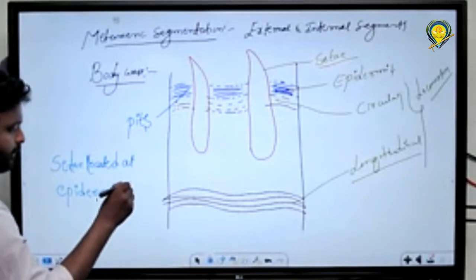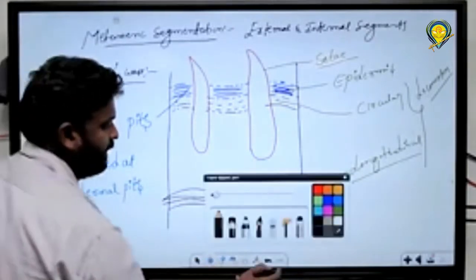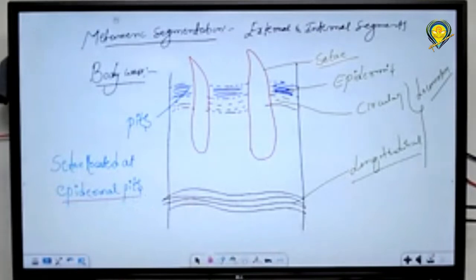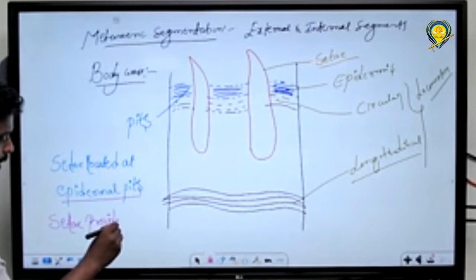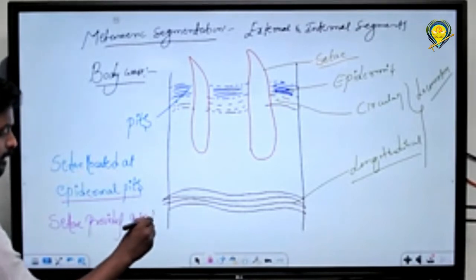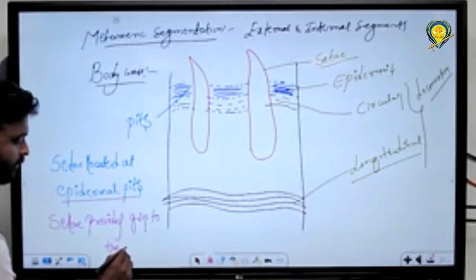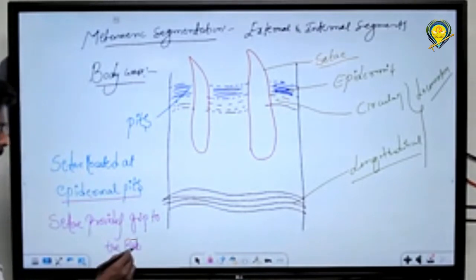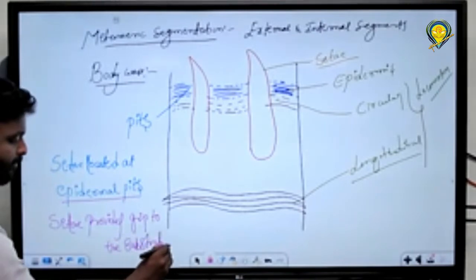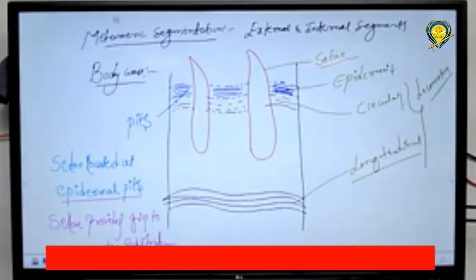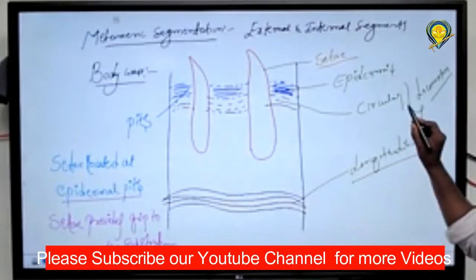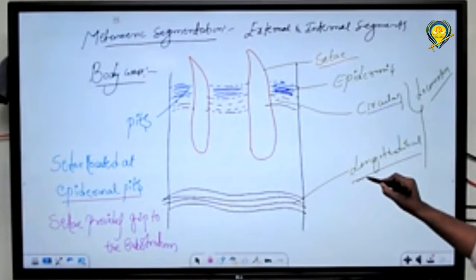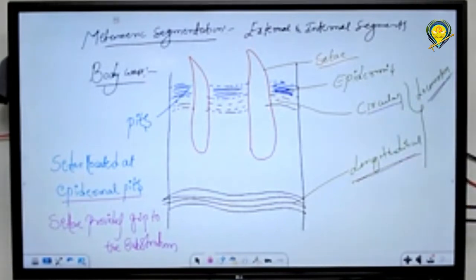It's a very important line. Good. And next one, what can it provide? Setae provide grip on the substratum. That's it. The last point: circular muscle and longitudinal muscle help in what? Locomotion. Next point.